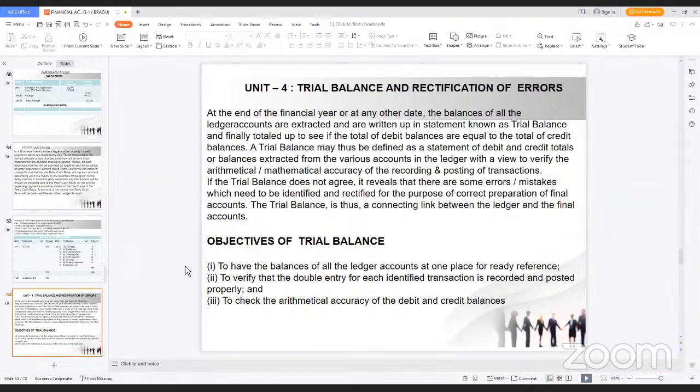The objectives of the trial balance: to have the balances of all ledgers ready for reference, to verify that the double entry for each transaction is properly recorded or posted, and to check the arithmetical accuracy of the debit and the credit.